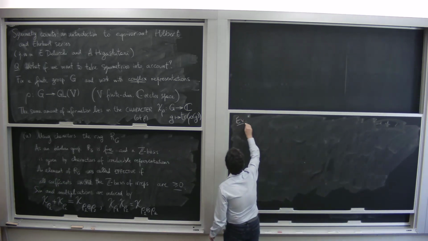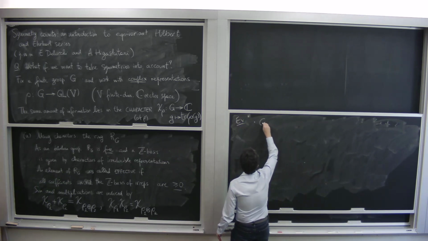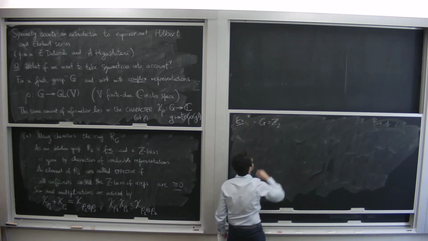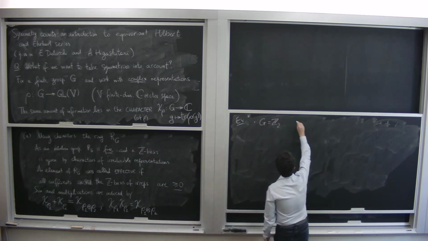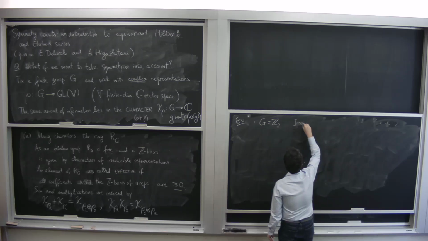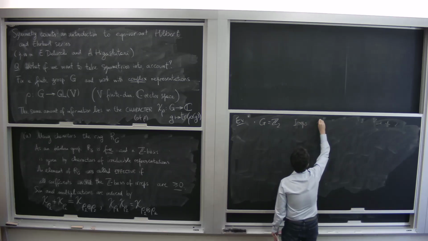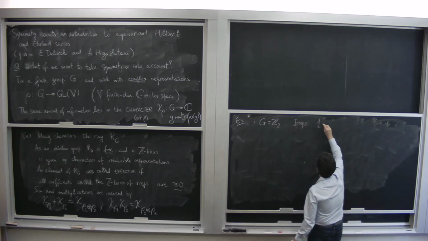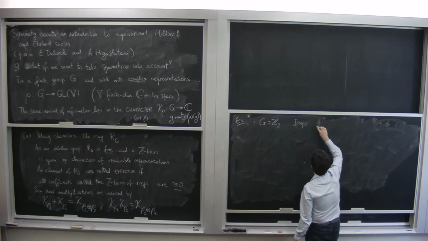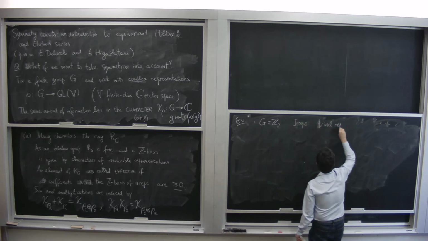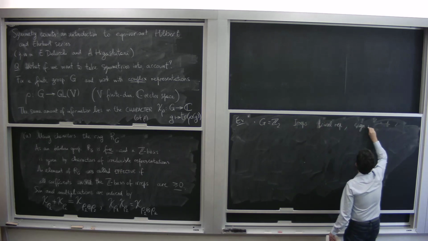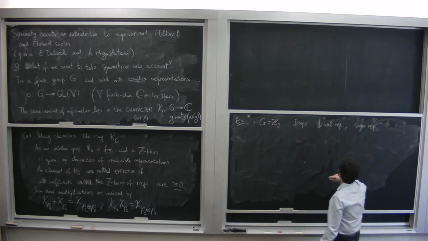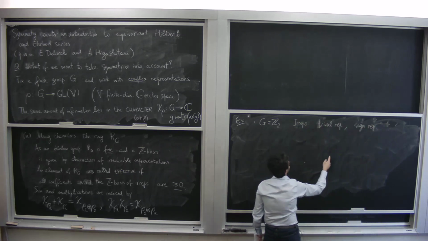So let's say this is the example I'm going to need the most. If I just take Z2, there are only two irreducible representations. One of them is the trivial one, which I'm just going to call the trivial one for now, and the sign representation. So what's the definition?